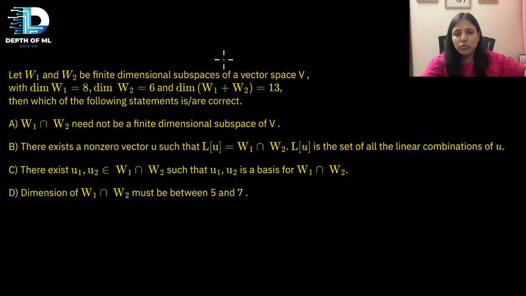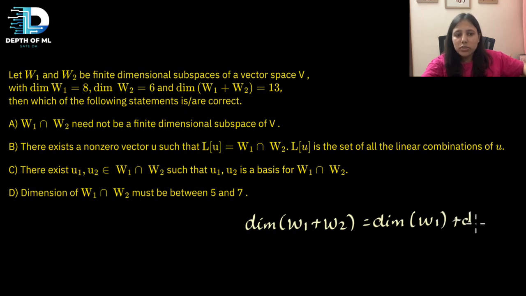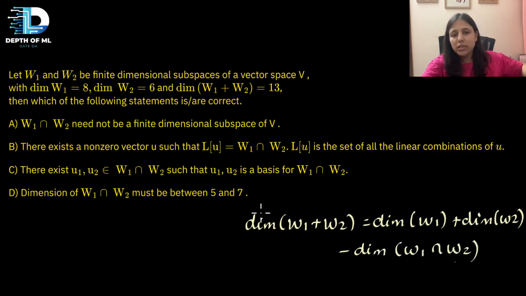Okay. So first of all, with this information, what all can we do? We know that the dimension of W1 plus W2 should be equal to the dimension of W1 plus the dimension of W2 minus the dimension of W1 intersection W2. If I know this, can I put the values and find the dimension of W1 intersection W2?